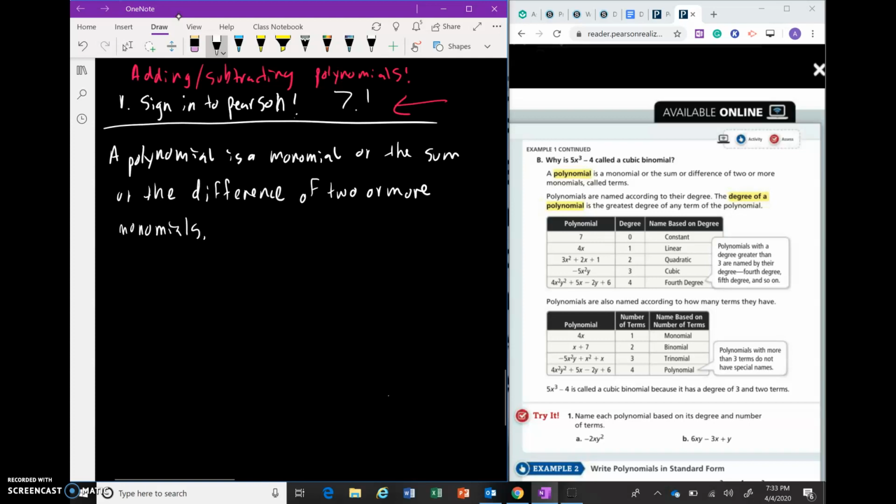Now, what the heck is a monomial, right? We call these terms. Okay, so this is your definition of a polynomial.